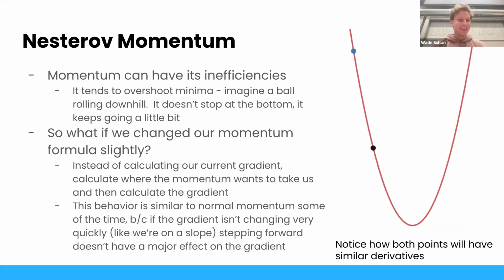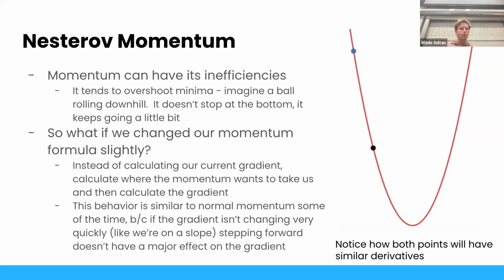Anyway, momentum does have its inefficiencies. It tends to overshoot minima. If you imagine a ball rolling downhill, it'll go down, but it'll come back up. That can happen if we just leave the momentum formula as is, but we can change our momentum formula.